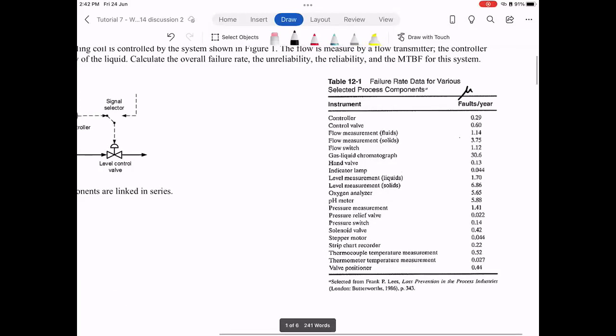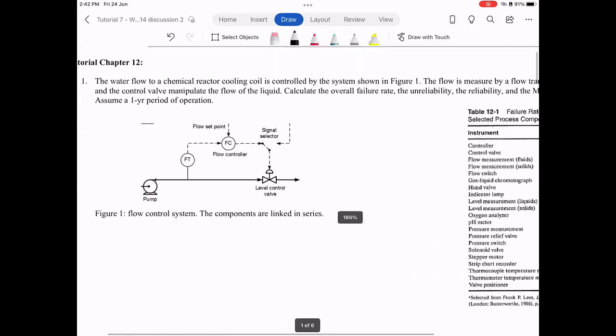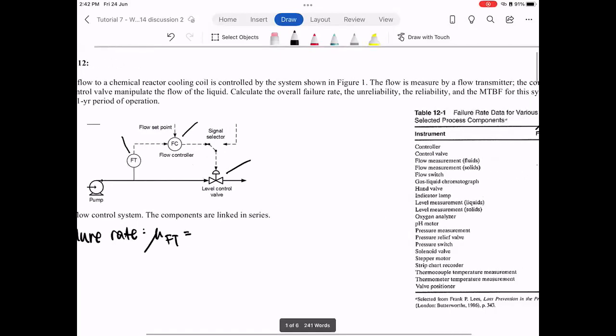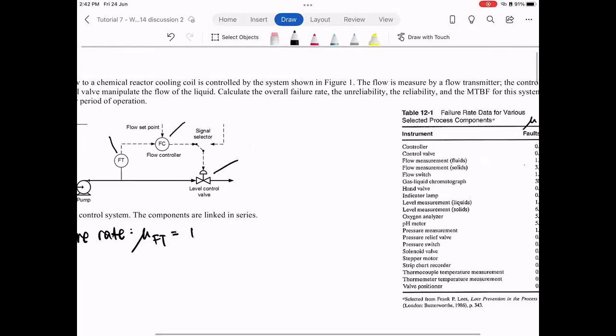From this table, in this control system, we have a flow transmitter, a controller, and a control valve. The failure rate, the mu here, for the flow transmitter, our flow measurement in fluid, is 1.14 per year.